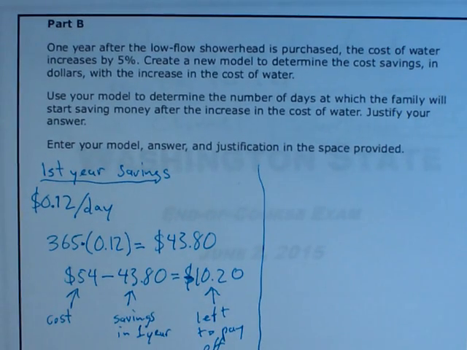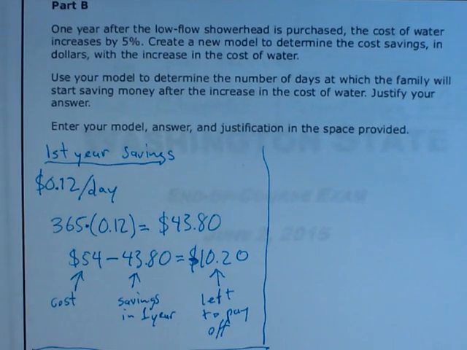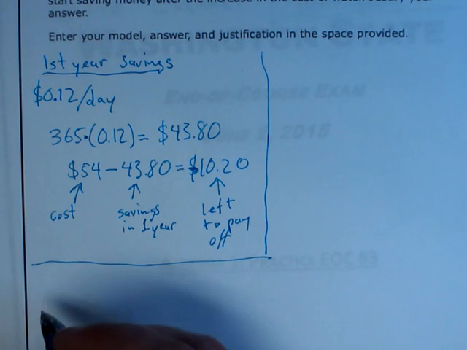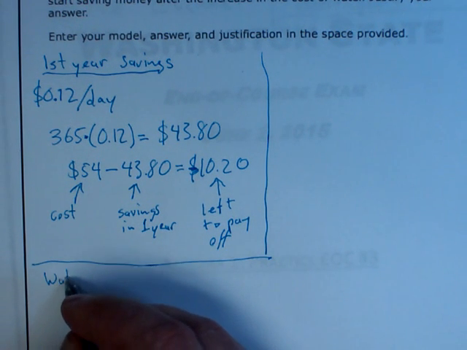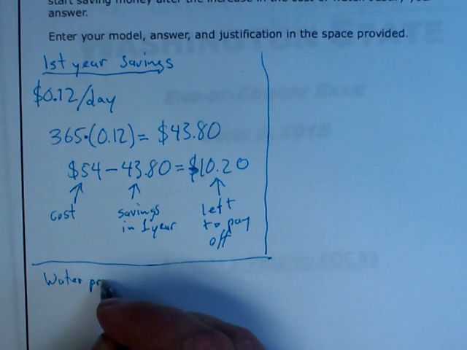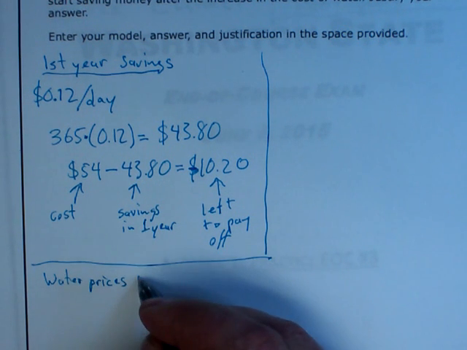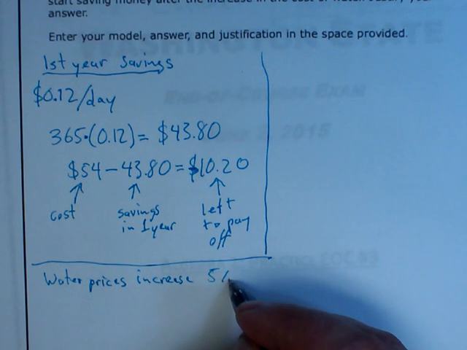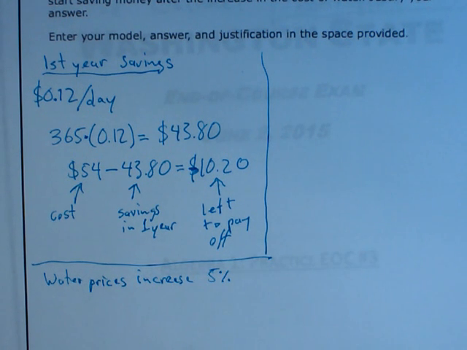Now let's talk about the following year. So the following year, water prices increase 5%. And so because water prices increase 5%, our savings are also going to increase 5%.